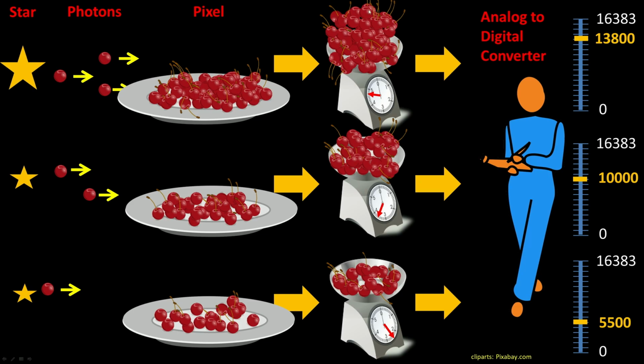If you have a lot of electrons, it's going to be a large number, close to 16,000. If you have a dimmer star on that pixel, you have fewer electrons and therefore a smaller number. And if you have a very dim star, you have much fewer electrons, and therefore also a smaller number here.